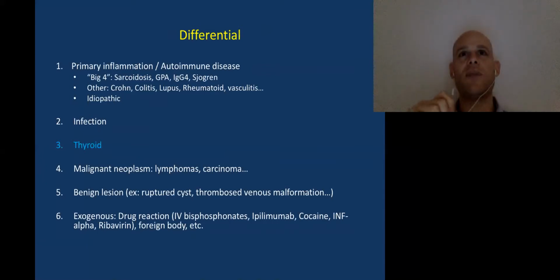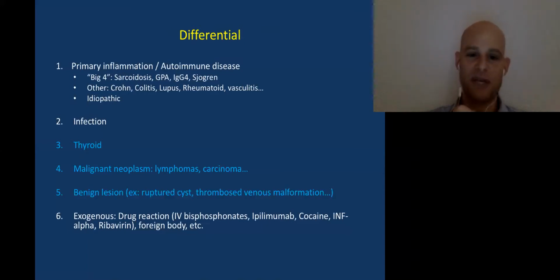So patients that look like the individual that I showed you, or patients that come in with dacryoadenitis acutely, it really does not evoke a diagnosis of thyroid-associated orbitopathy. Same thing with malignant neoplasms. It's hard to miss thinking about a malignant neoplasm after you've examined the patient and got just a basic CT with and without contrast. Exact same thing for benign lesions. Rarely does a cyst or a thrombosed venous malformation not get caught on a basic workup.